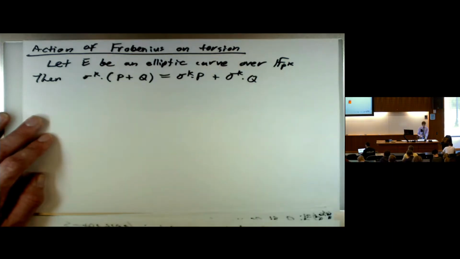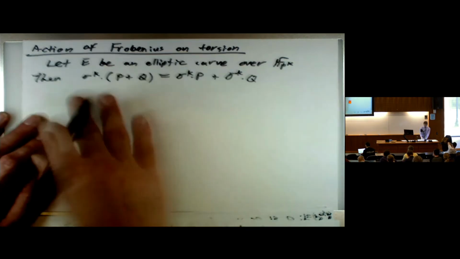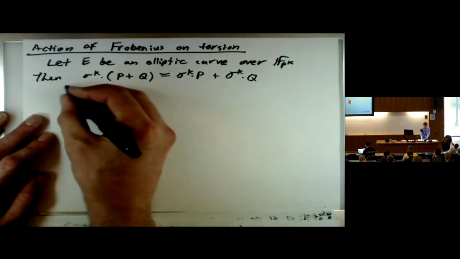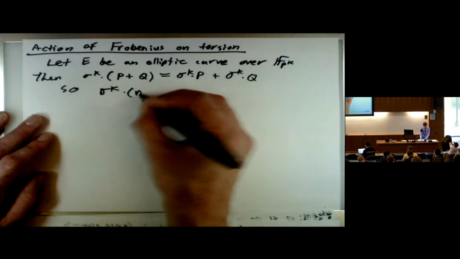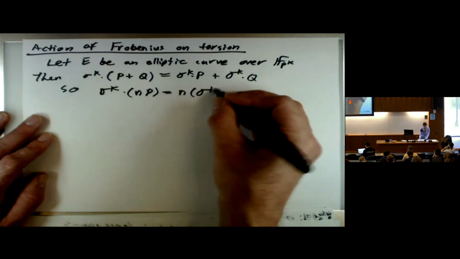Okay, and so now, if P and Q are specifically n-torsion points, well, we can repeat this by induction. So sigma^k of P. I think it's probably already clear where I'm going with this, but I'm going to write it down.